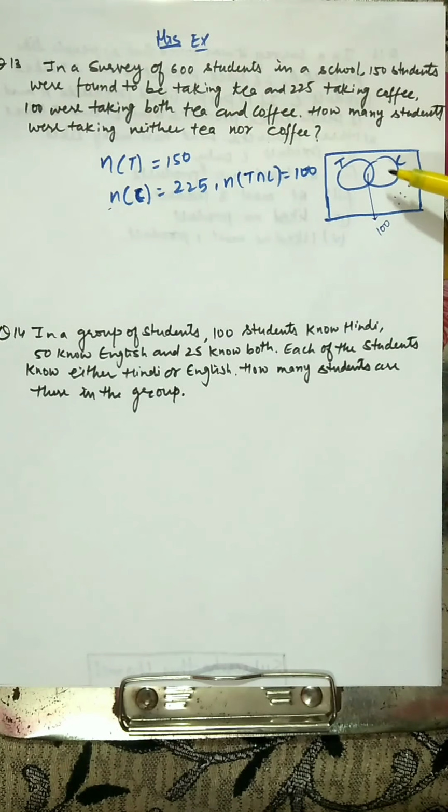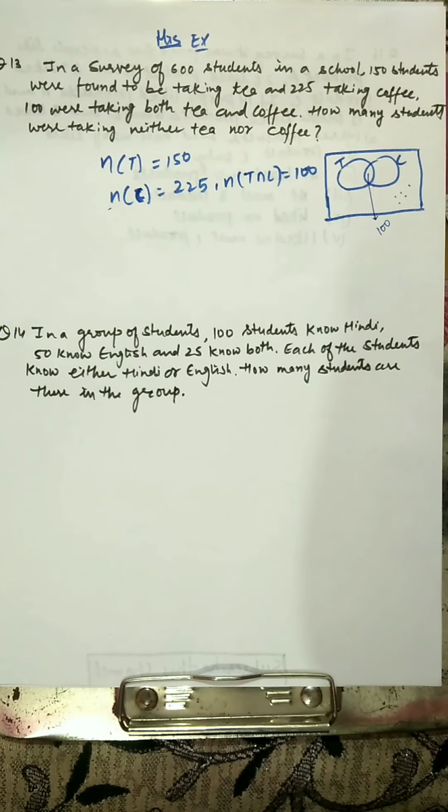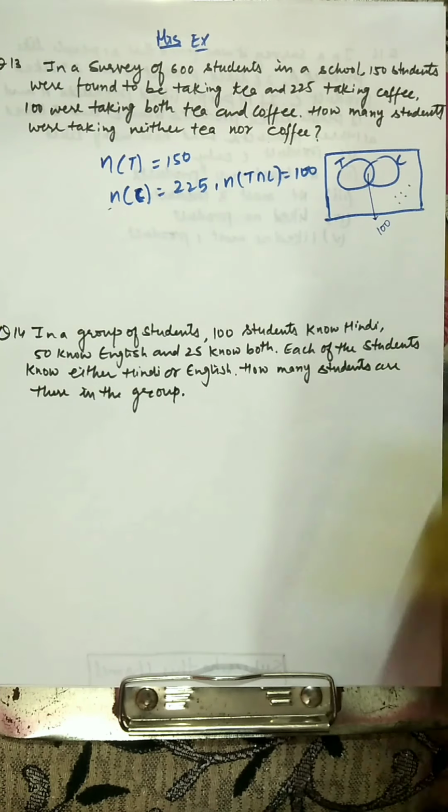This common area has 100 students. Now the question is to find the number of people who do not like coffee or tea. How will you find the number of students lying in this area?